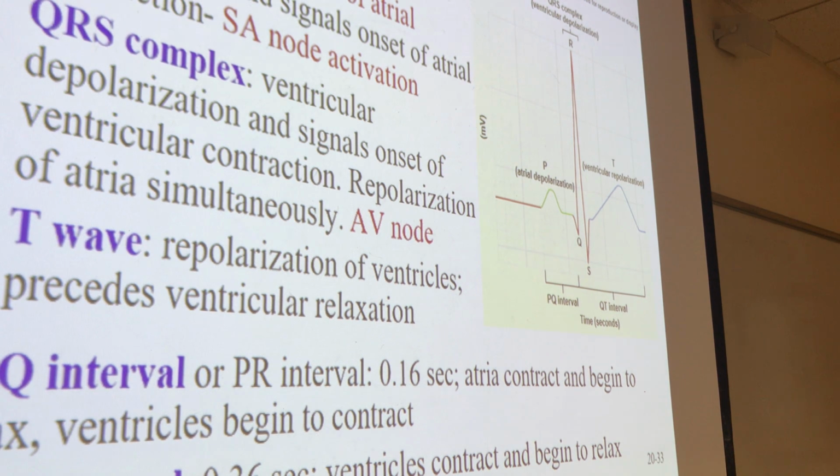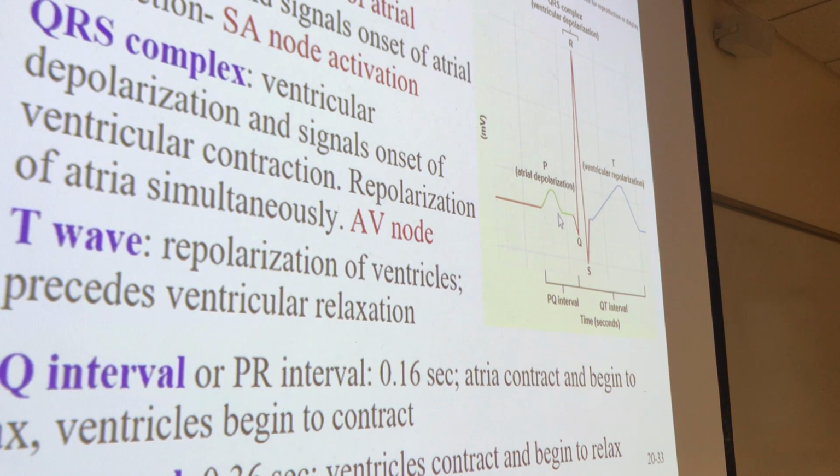It should be. Now, what we're going to see is the P wave right here. The start of the P wave is not the start of when the atria actually contract. This is just telling us when they electrically activate. Halfway through this electrical activation, from this point on, that's when the atria start to contract.